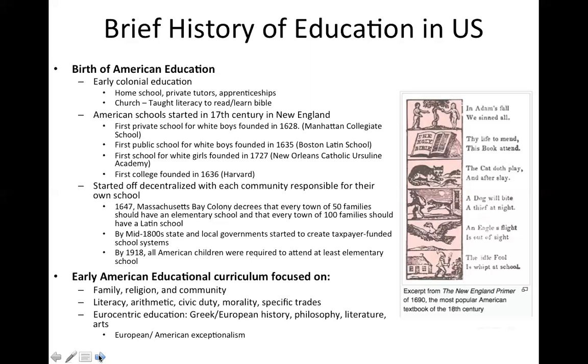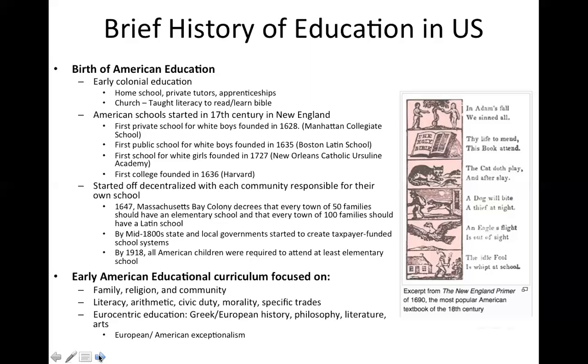For the most part, for the next century or so, education was decentralized. If there was a school, it was because the community rallied. They wanted the school and they wanted to finance the school. There was no federal funding or state funding to help build a lot of these schools.